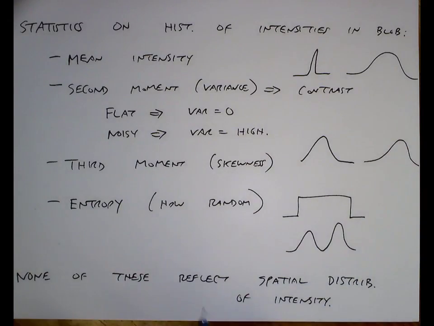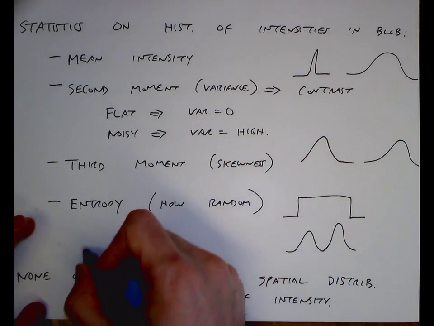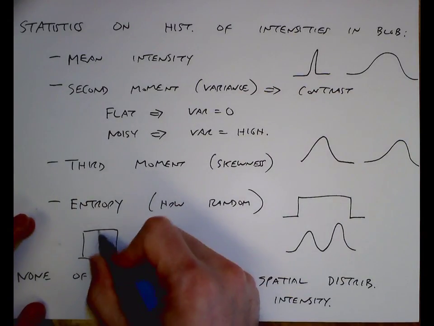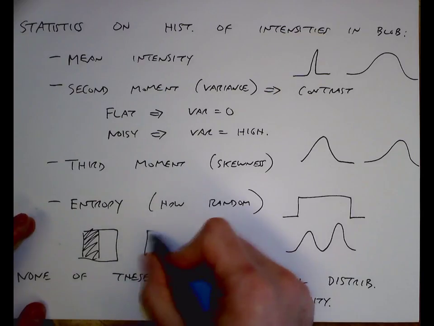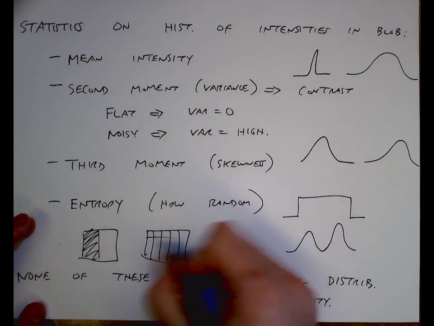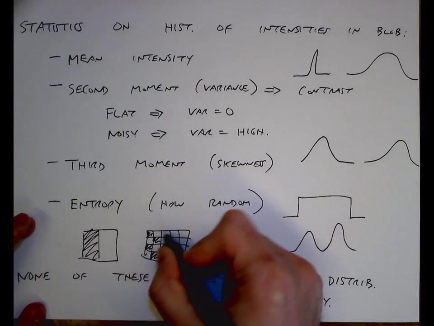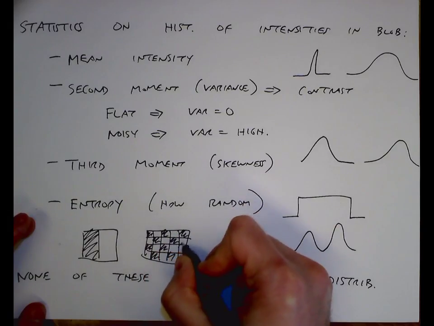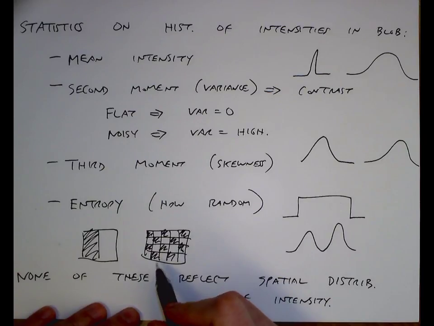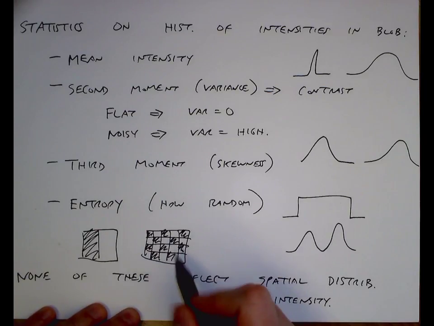But we know that I could have images that have very similar histograms that look totally different, right? For example, there's a big difference between this image and this image, even though they have the same fraction of black and white, right?